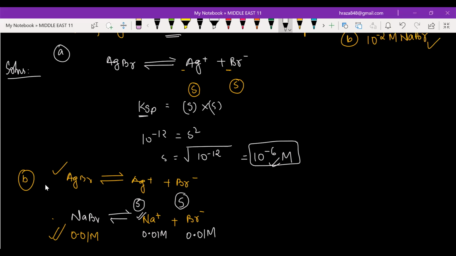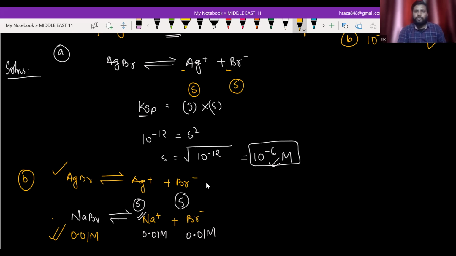Now, according to the question, we need to calculate the solubility. Solubility of what? Solubility of AgBr. So I'm going to apply the same formula, Ksp for this reaction, which is basically Ag plus into Br minus. Is this clear, everyone?